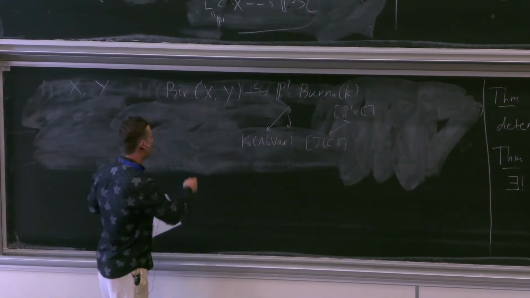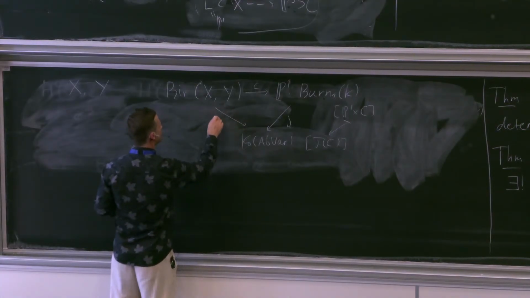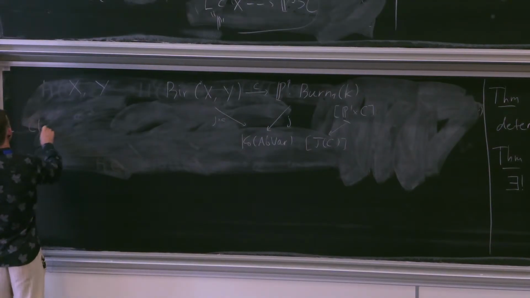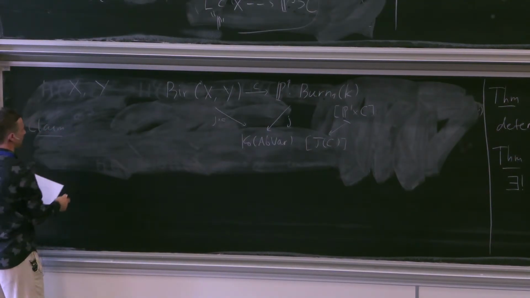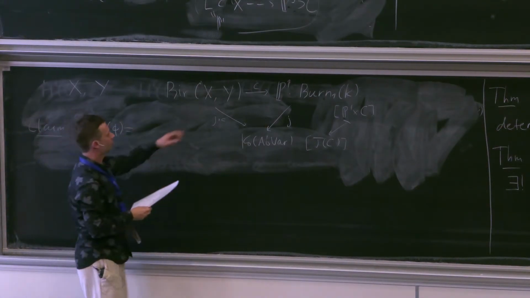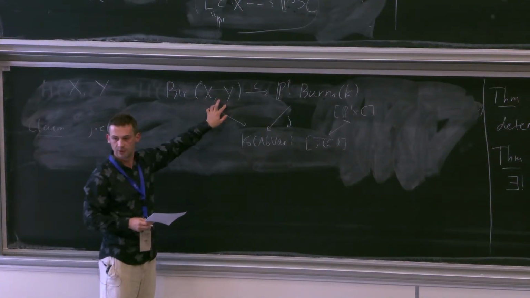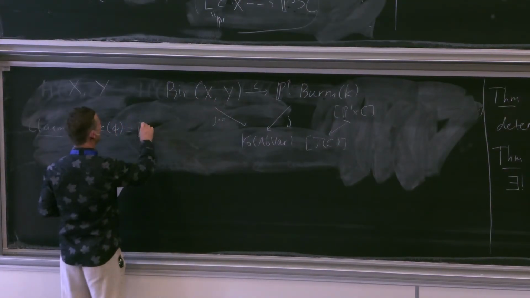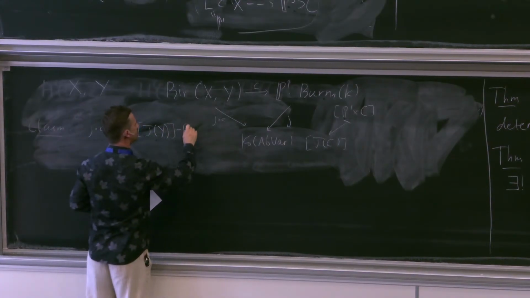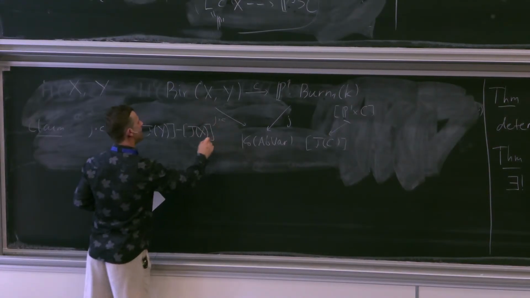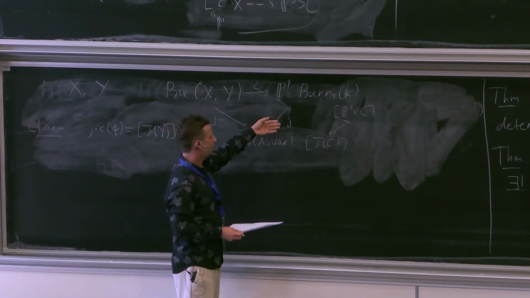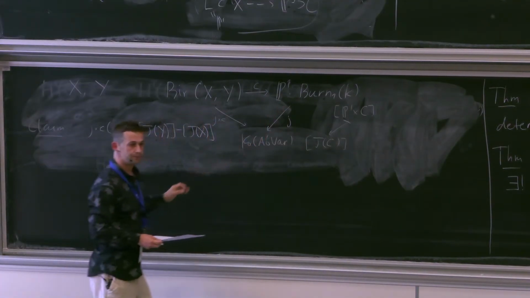I want to look at this composition, which is J composed with C. The claim I'm making is that J composed with C is an easy thing. You have to look at your source and target and their intermediate Jacobians: the intermediate Jacobian of the target minus the intermediate Jacobian of the source. I want to use Torelli, and to make this work, I look at this composition.